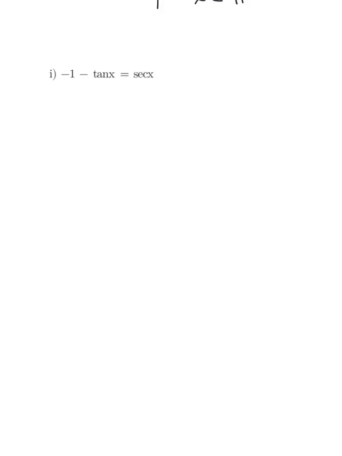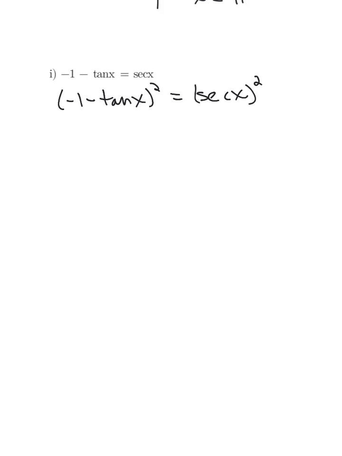So what we're going to do to create squares is square both sides. So we are going to square -1 minus tangent of x, and we are going to square just the term secant of x.